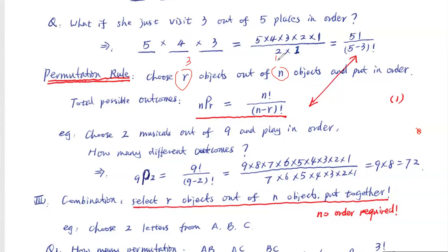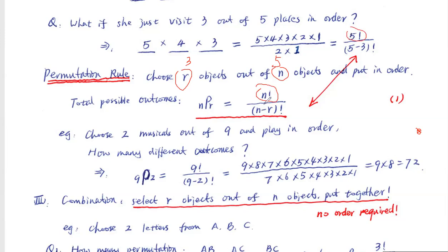Everybody, if you want to make sure you are plugged into the right formula: previously, if I want to choose 3 out of 5, the result is 5 factorial divided by (5 minus 3) factorial. Now it is R objects out of a total n. The numerator is n factorial, previously 5 factorial.